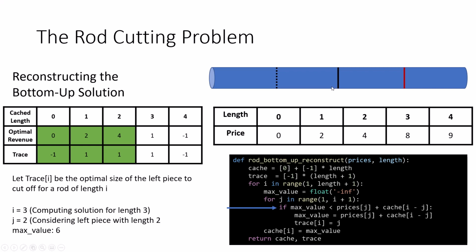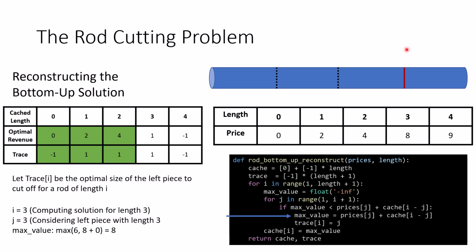And then does this have a better solution than 6? Because that's just 2 plus 4 is 6. Well, not really, because we're going to just get length 4 plus length 2, which is also 6. So we don't need to update the trace.